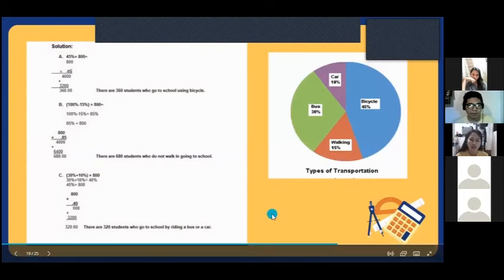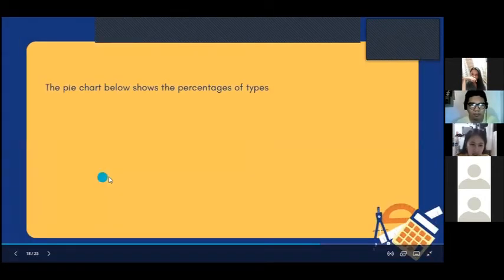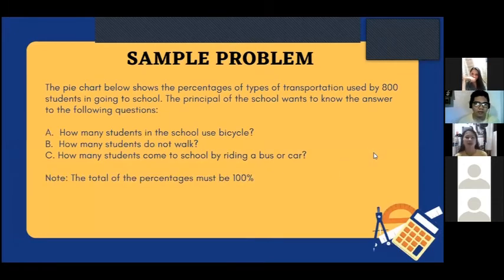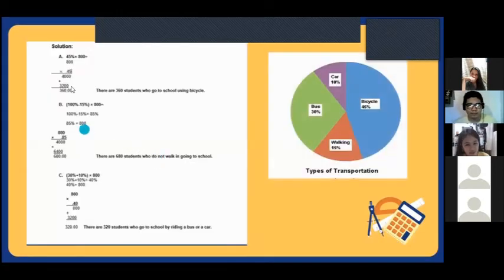So you can see the pie graph in the left corner, and then I will discuss the solution, the method of how I got the answers. A. The question is how many students in the school use bicycle? As we can see in the figure, the percentage of students using bicycle is 45%.